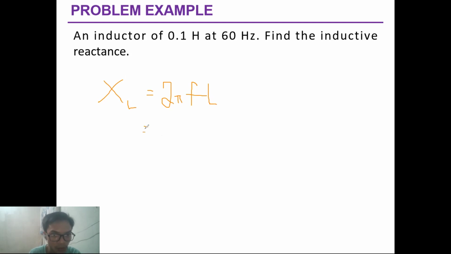So let's substitute the values. Pi is equal to 3.14.